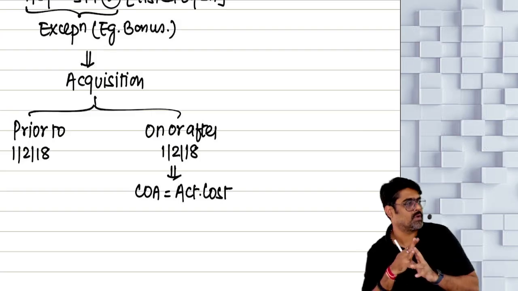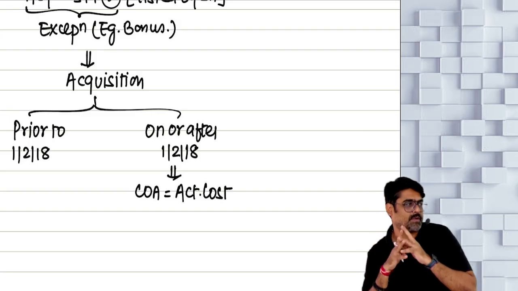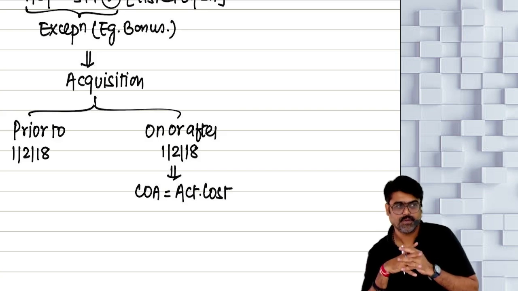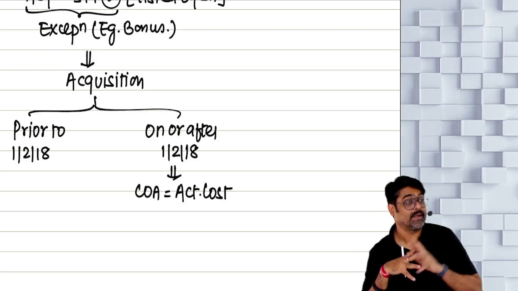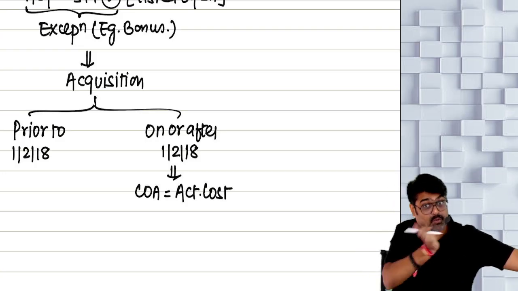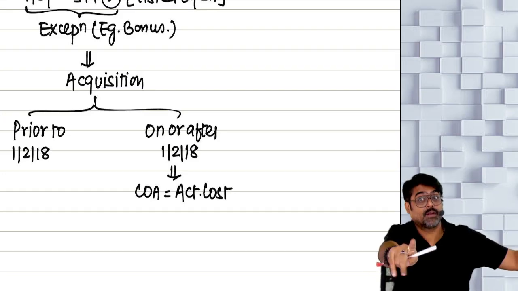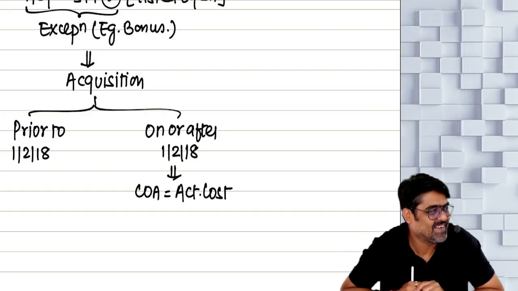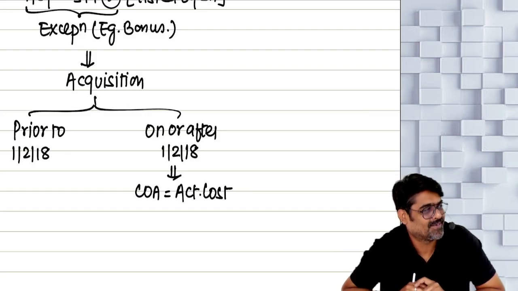Done, no? But what if it is prior to 1st February 2018? You have to take actual cost also. But here, I will put you in some trouble. What is the trouble, you know? The listed equity shares were purchased in 96-97. 96-97 means prior to 1st February 18, yes or no? But it is prior to 1st February 2001 also. Will you get that option?